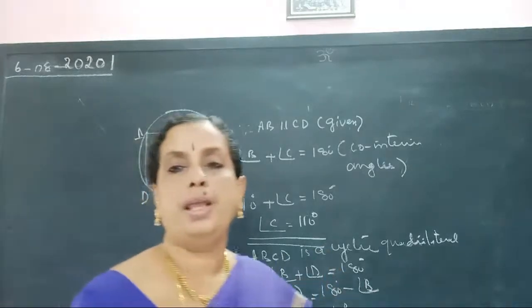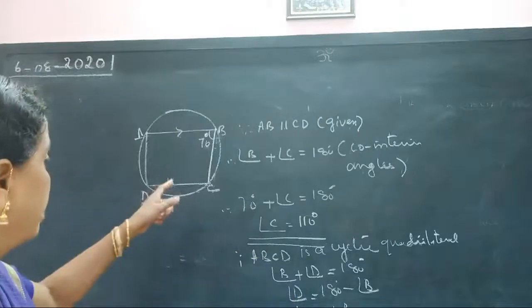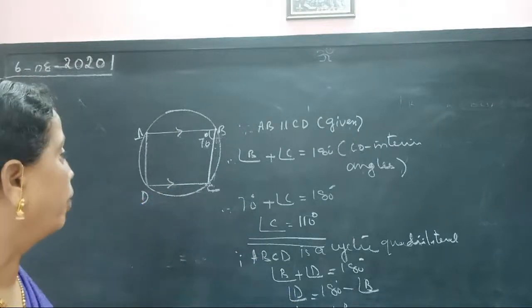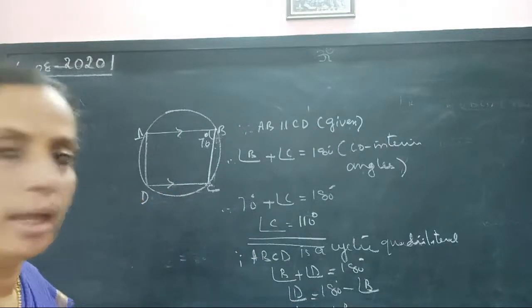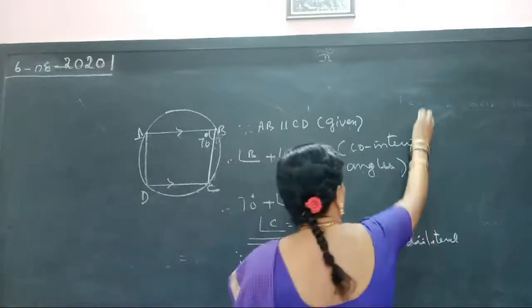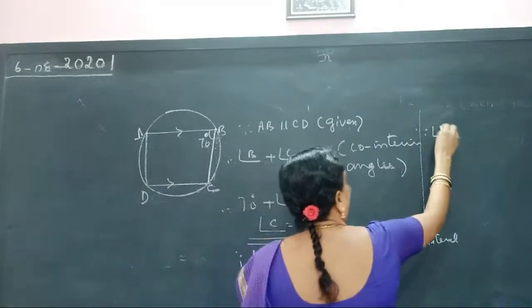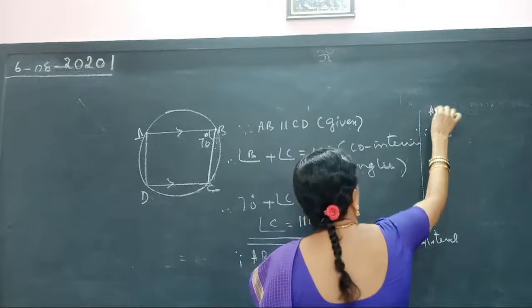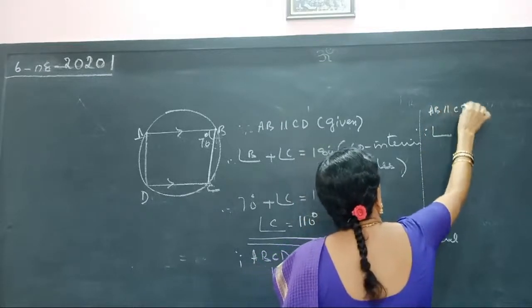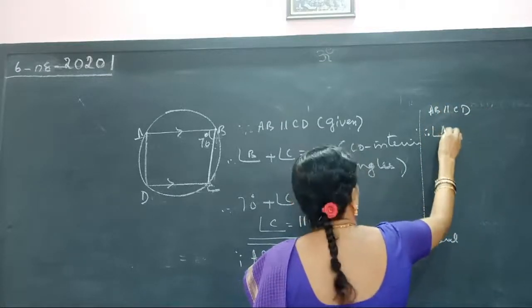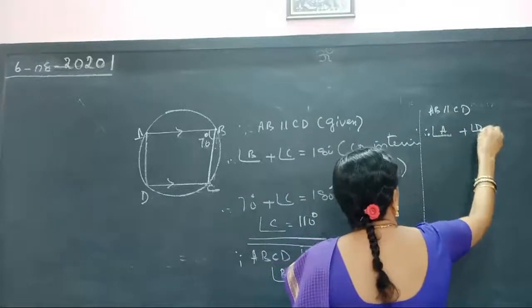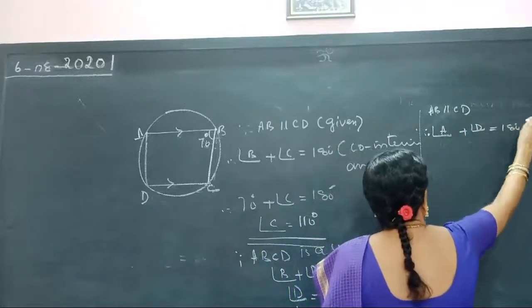After getting C and D, now you can find out angle A again with the property. Since AB is parallel to CD, therefore angle A plus angle D equals 180 degree.